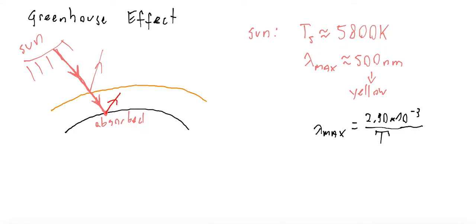We used this energy balance last lesson. So this red arrow represents radiation re-emitted by the Earth. This is the absorption process, and the red arrow is radiation re-emitted by the Earth.